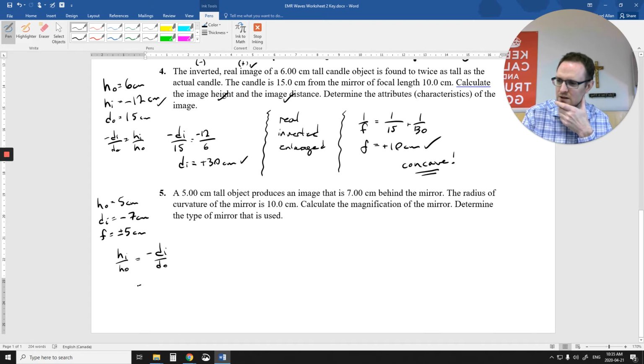Okay, so what we know in this, we don't know too much about this, but we do know that this is positive 5 centimeters here. And DO is always a positive number, but we don't know what that number is, so it's important that that's positive. Now we also have negative 7 centimeters. So that top part turns to be positive 7 over a positive number.